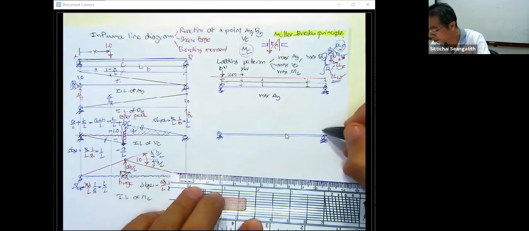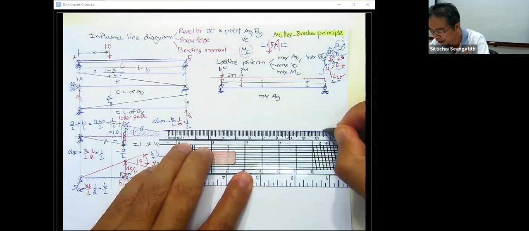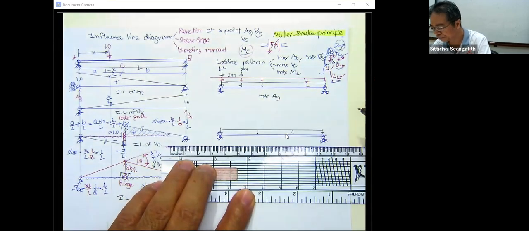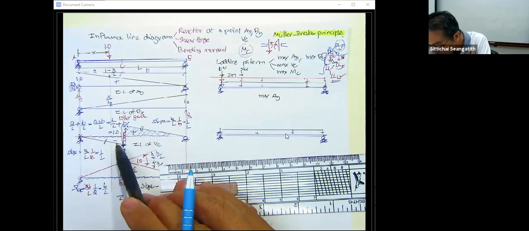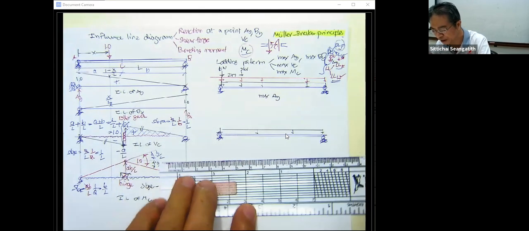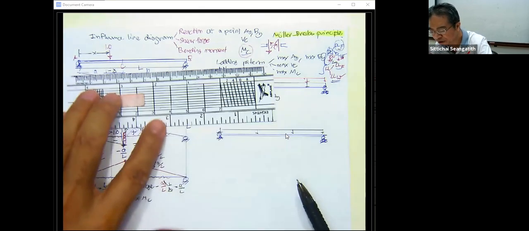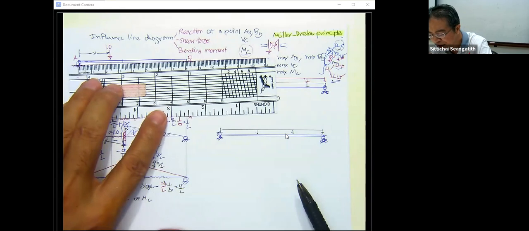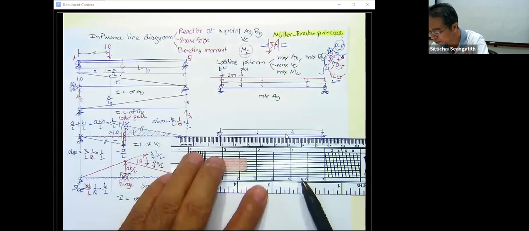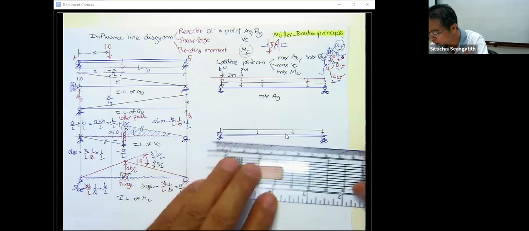Just put the dead load. If there is a dead load, just put the dead load along the length of the beam. And then how about the live load? This time the live load will not be put in the negative area. We just put it in the positive area because it has the larger influence. That is about 3.1.